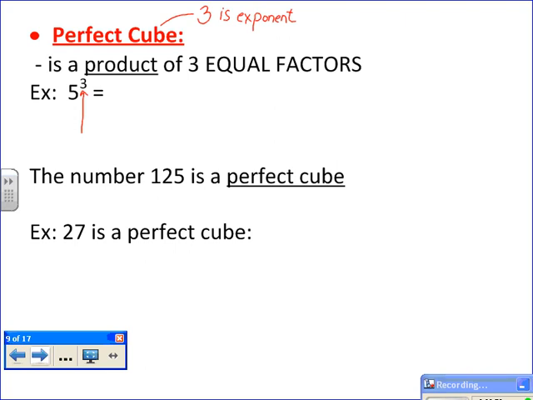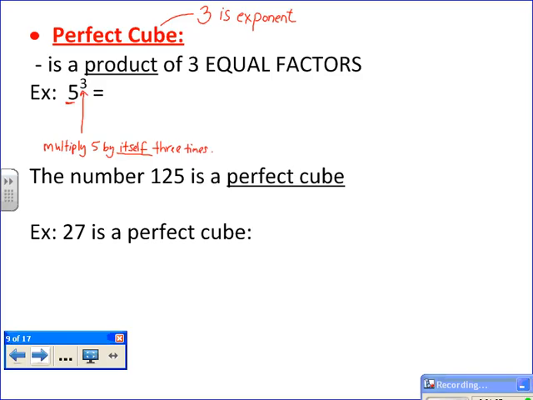So there's my exponent. Cubing tells me to use this factor 5 3 times in a multiplication, in other words, multiply 5 by itself 3 times.